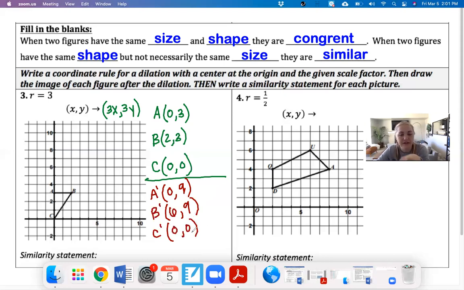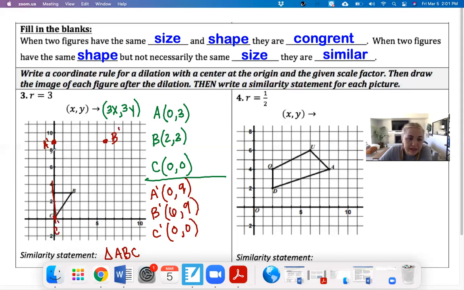That kind of creepily looks like a face, but here's the similarity statement. We are going to say that triangle ABC is similar to triangle A prime, B prime, C prime. Why is that? When I graph it, A prime is right here. B prime is to the right 6, up 9. And C prime is at 0, 0.